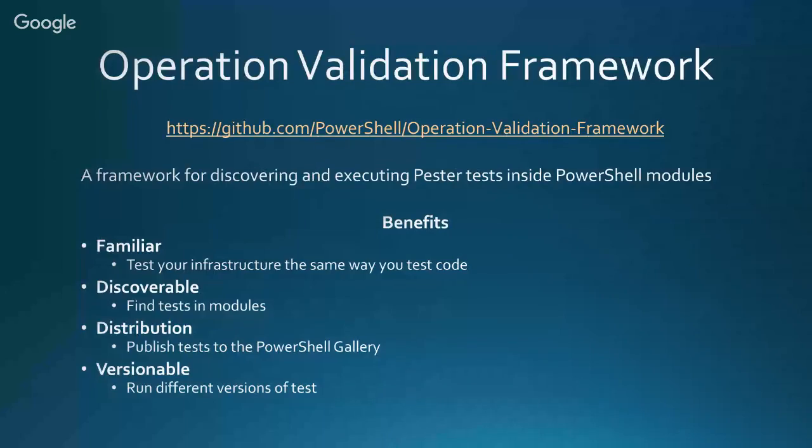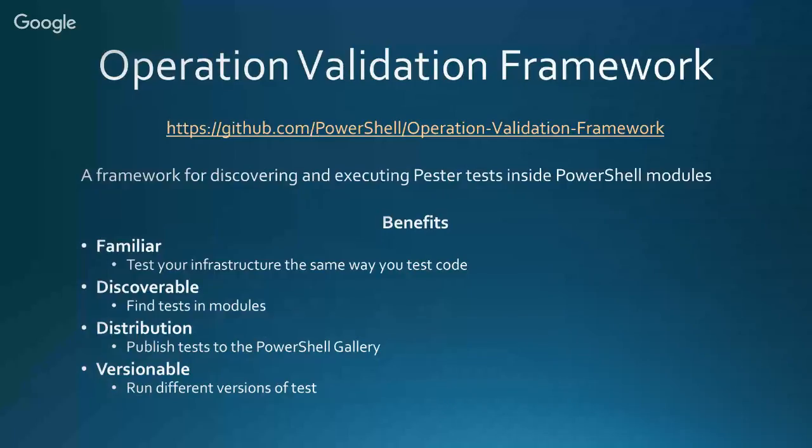And what I want to talk about today, like I said, is the Operation Validation Framework. This is a PowerShell module originally created by Microsoft, and I've since taken over maintainer duties of it. Essentially, it's a framework for packaging Pester tests inside PowerShell modules and then being able to execute them.